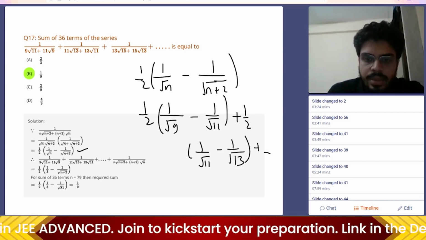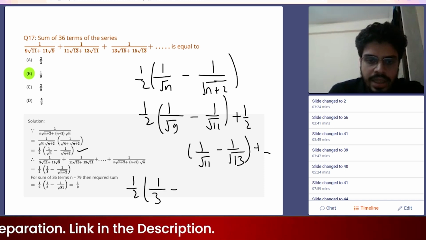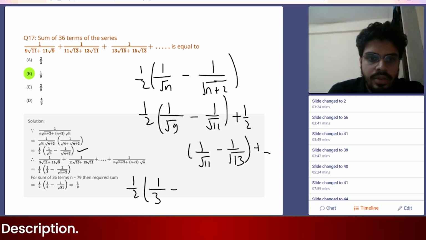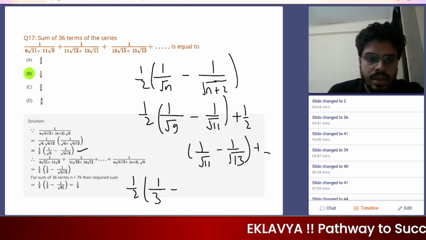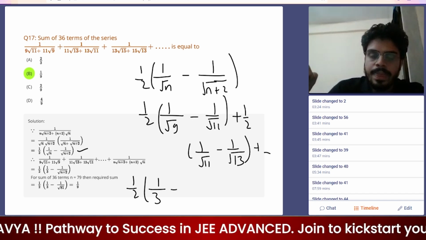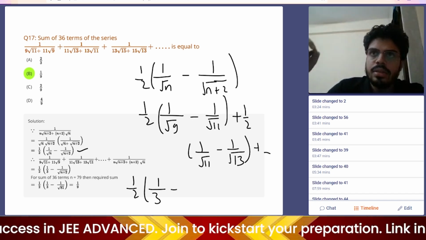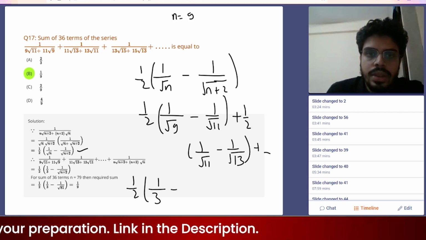The first term will remain, that is 1 by 2, 1 by 3, root 9 will become 3, and the last term. So n is equal to 9 to 36, we are going 9 to 36 terms. So the first term is n equal to 9.